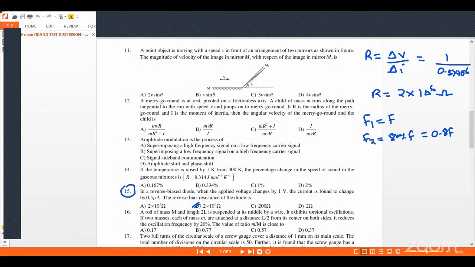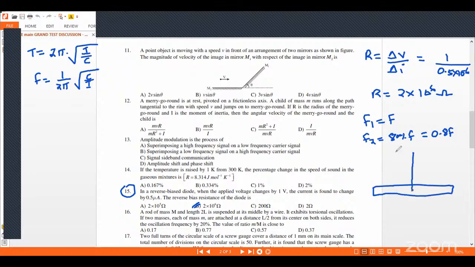Generally, the time period of oscillations of a torsional pendulum is 2 pi into under root I by C, so frequency is 1 by 2 pi into under root C by I. First, the rod is suspended at the middle by a wire.